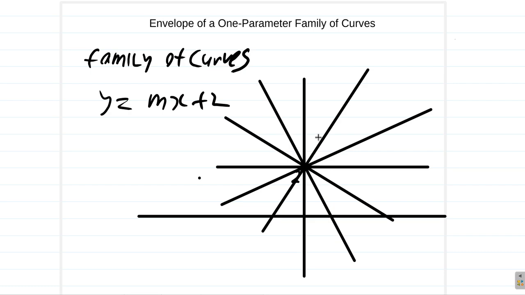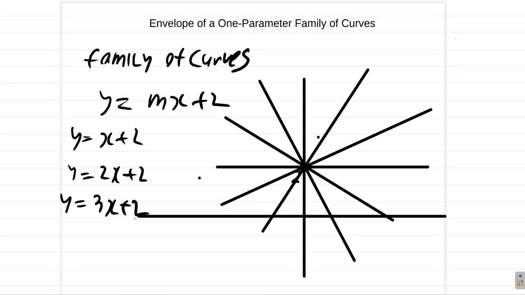So in this case, we might have y equals x plus 2, y equals 2x plus 2, y equals 3x plus 2, y equals 4x plus 2, and so on and so forth.